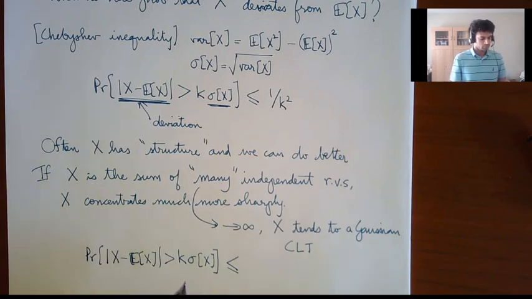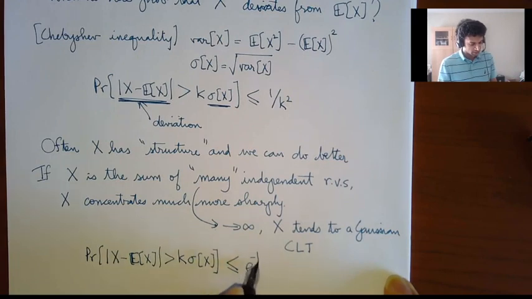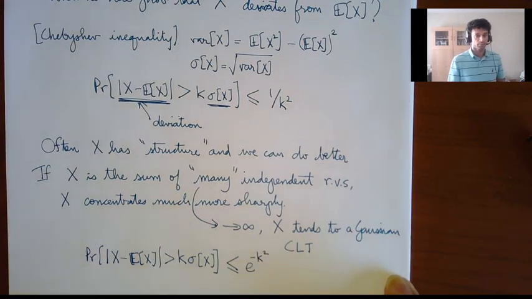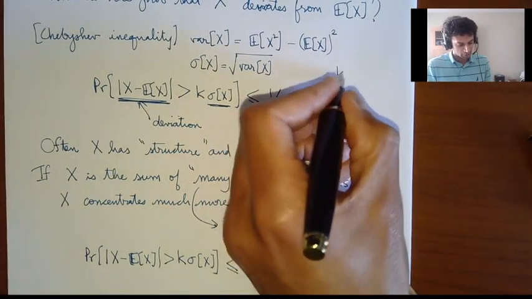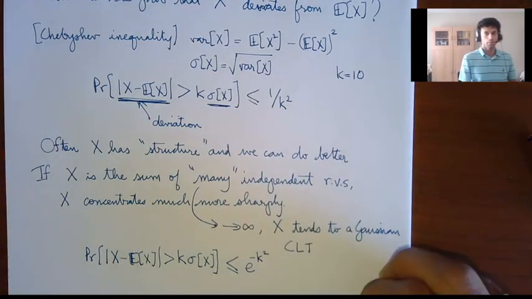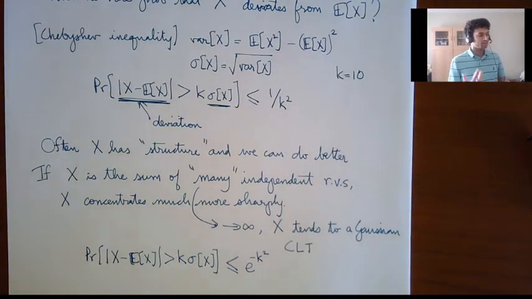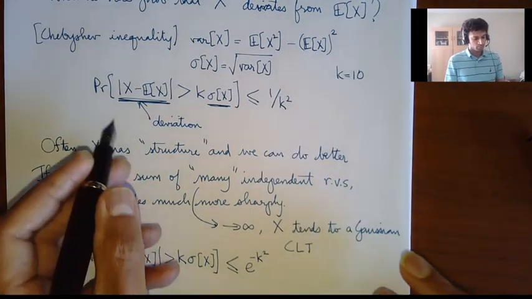E to the negative k. E to the negative, almost, it's e to the negative k squared. So this is actually e to the minus k squared. So just to put some numbers, if k is equal to 10, what is the probability of deviating by 10 standard deviations?